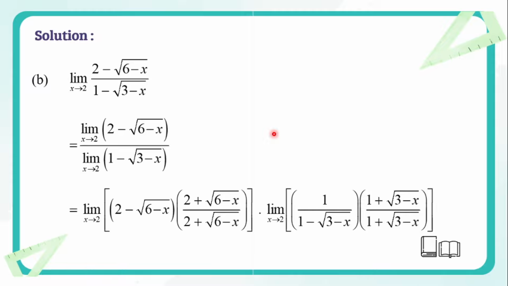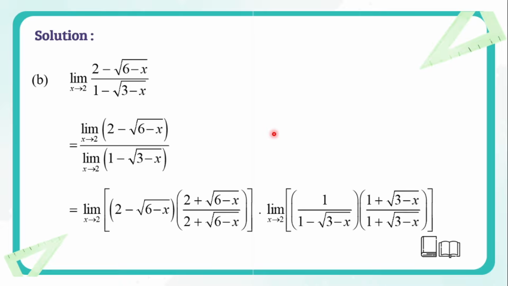Since 2 − √(6 − x) and 2 + √(6 − x) are conjugate to each other, and the same with 1 − √(3 − x) and 1 + √(3 − x).